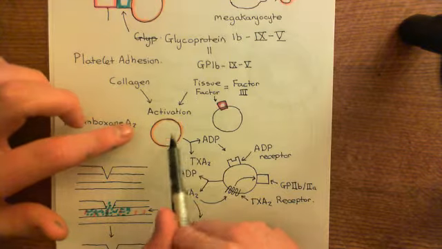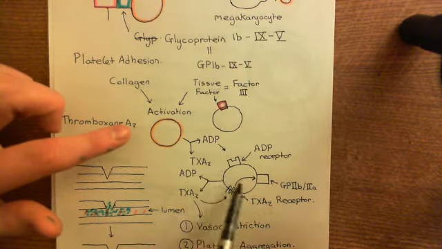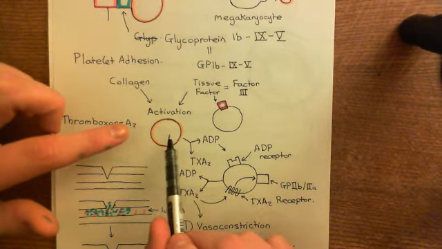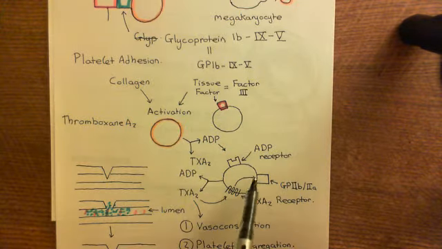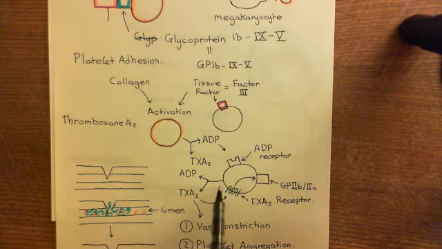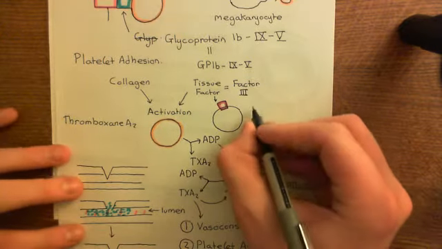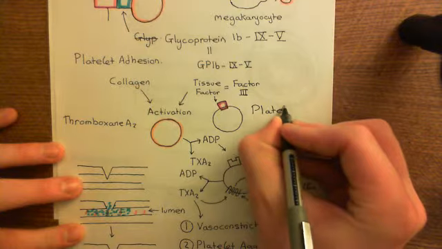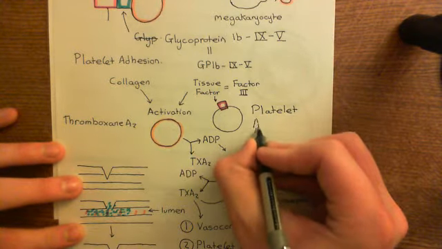So the first platelets will be activated directly by collagen or tissue factor. The others will all be activated by ADP that has been released by already activated platelets. And then when this one's activated, it will also release ADP and thromboxane A2. So that, strictly speaking, is what is meant by platelet activation. It means the platelet being induced to release ADP and thromboxane A2.